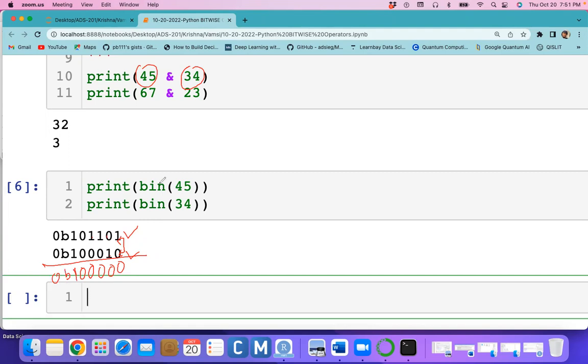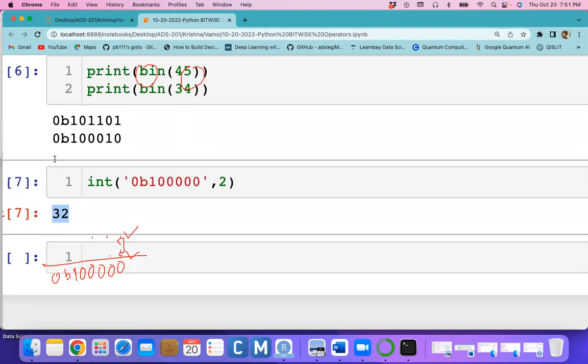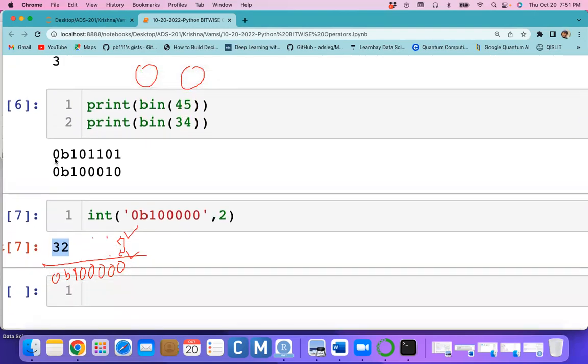You already know how we can convert a binary number to a decimal number. You can use mathematical notation, or else we can directly use the function over here. The function is 0b 100000, with base 2. If I give the base as 2, it converts into 32. Is it clear?